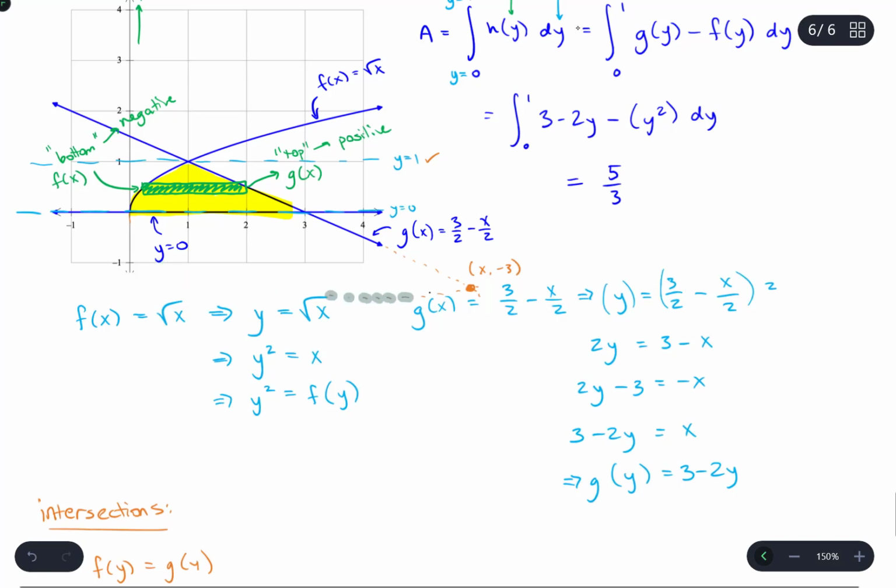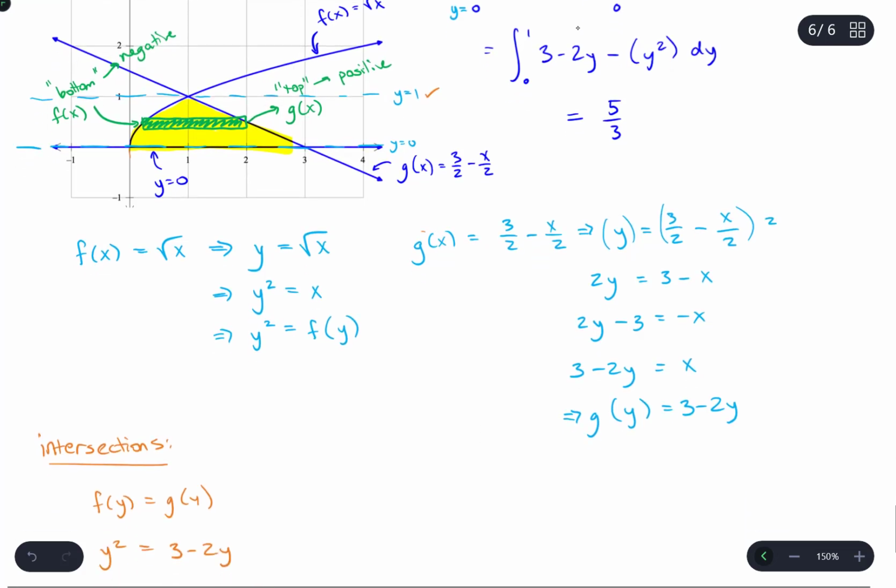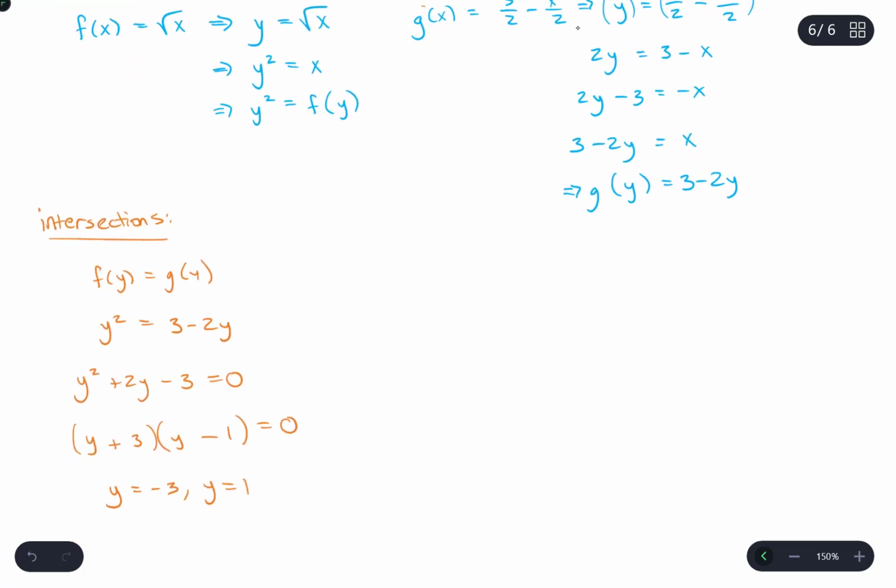So solving for intersections works just the same. You just have to make sure you understand that you're getting y values as your answers instead of x values. If you need the x values, you certainly could calculate them. For instance, since we know f of y is equal to y squared, when y is equal to -3, the x value would be -3 squared, which is 9.